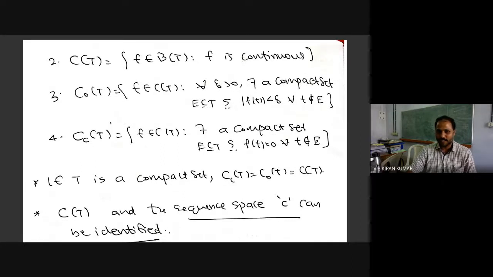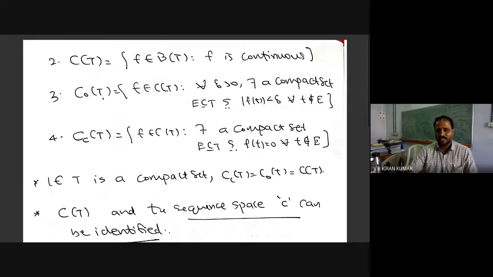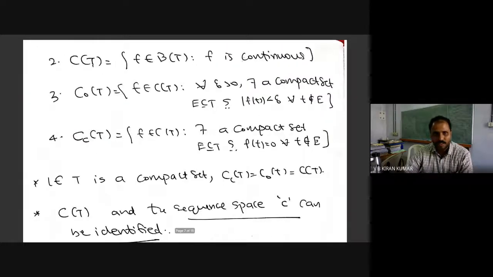For some special choices of T, you can identify these with the sequence spaces which we introduced. C of T can be identified with convergent sequences, C0 can be identified with sequences converging to 0, and Cc can be identified with finitely supported sequences, C00.